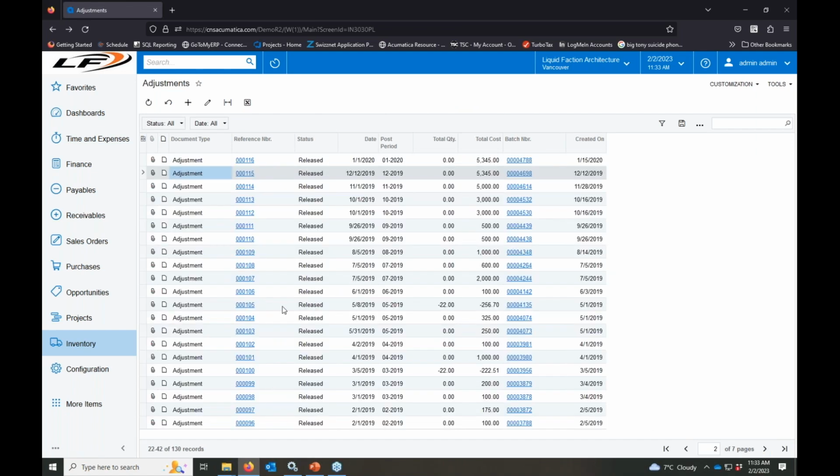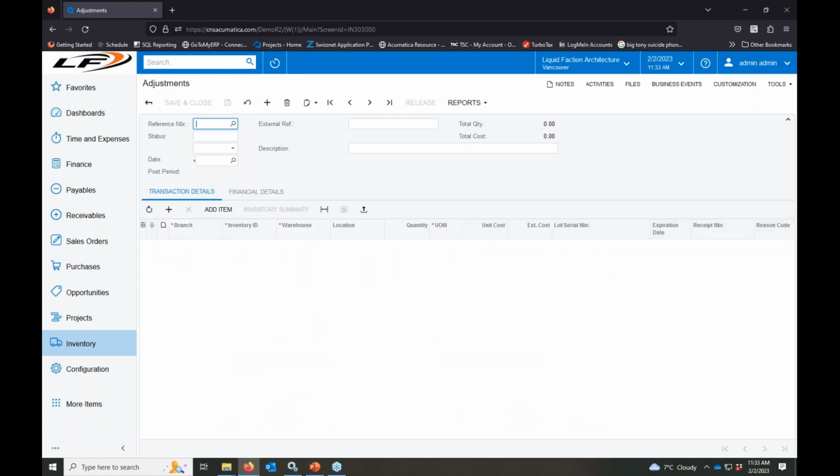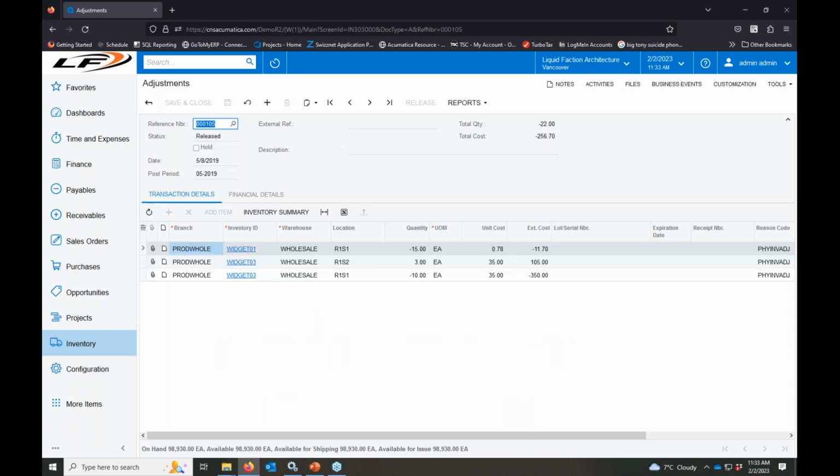At these different locations, this item here, widget 1, we had a delta of 15 units down, so it dropped by 15 units.